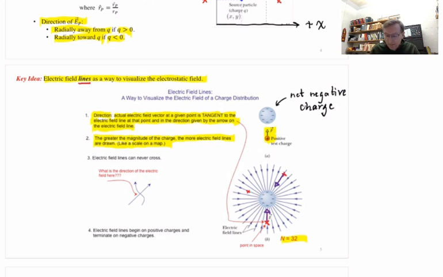Now this sphere was drawn with a certain amount of negative charge on it by those minus signs distributed. And then they drew 32 field lines. So the way you would deal with the scale here to be consistent is, if you had a sphere with half the amount of charge as this, you would only draw 16 field lines, half the number.